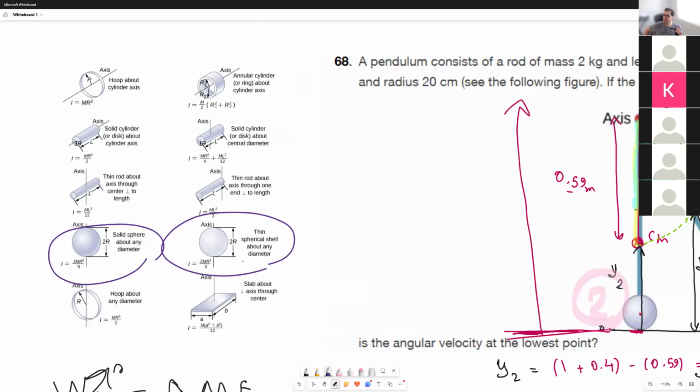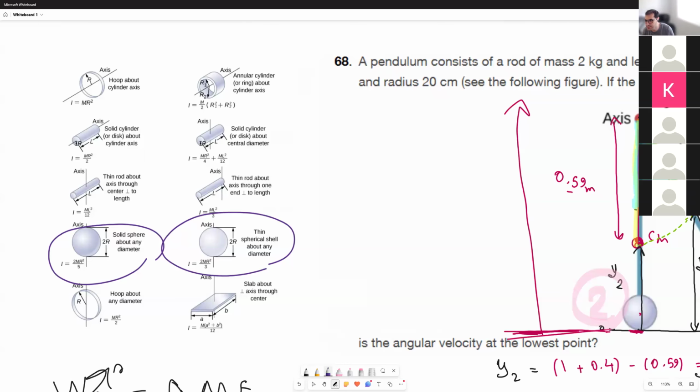Go ahead. Why the left one? Why not the right one?